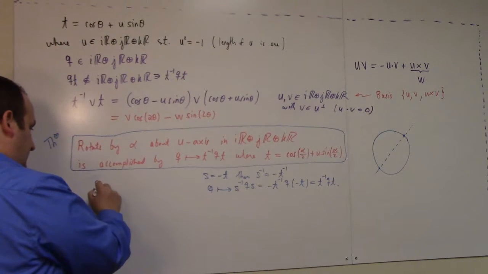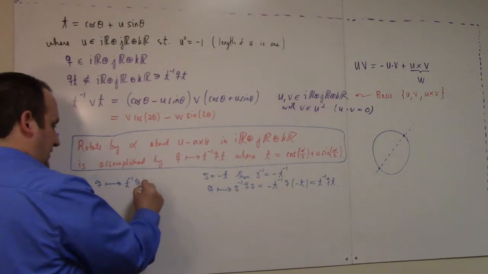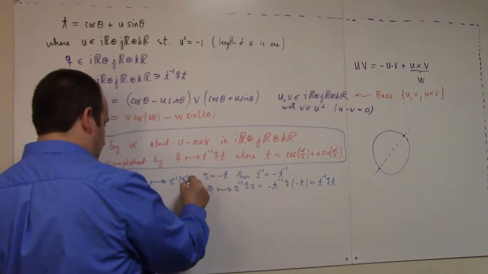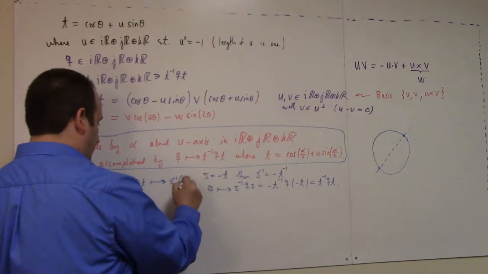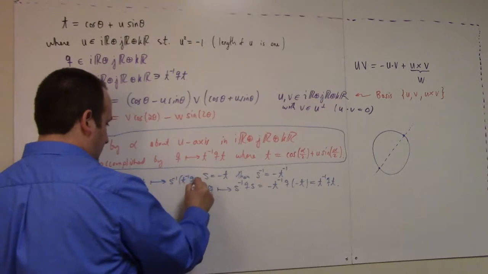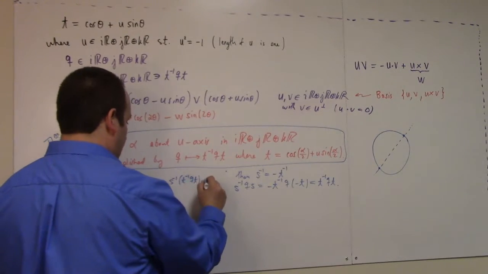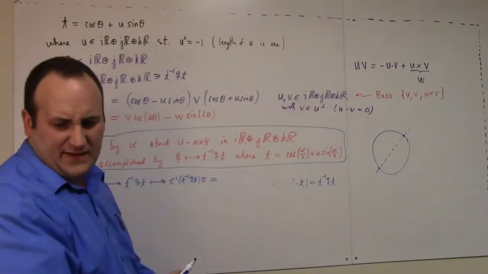So if I send Q to T inverse QT, and I send that to S inverse T inverse QT S, then that's equal to what? Oh man, why am I doing that again?